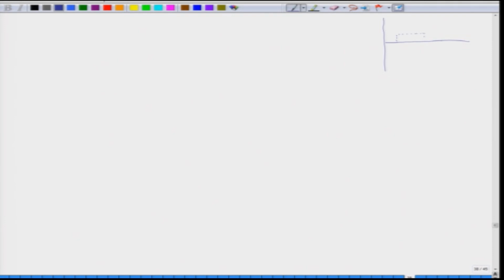This is the omega t axis, the x axis. The practical waveform would be like this. It will be delayed.